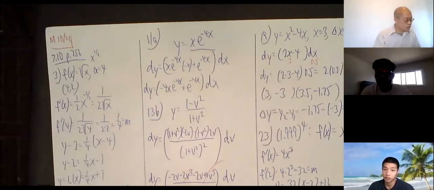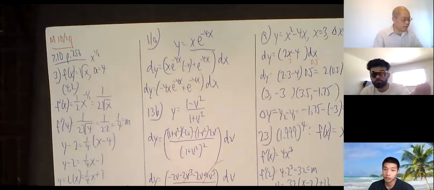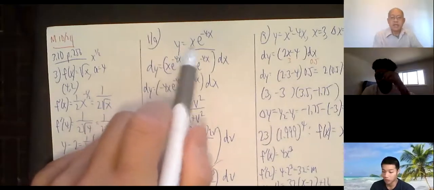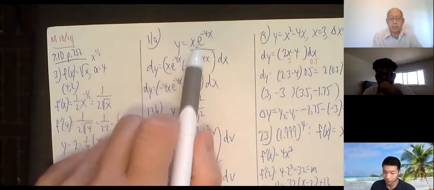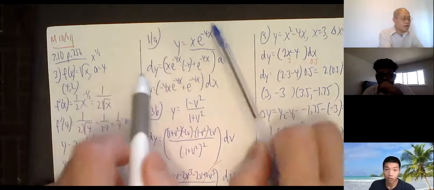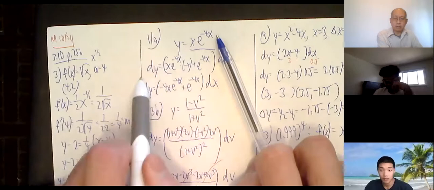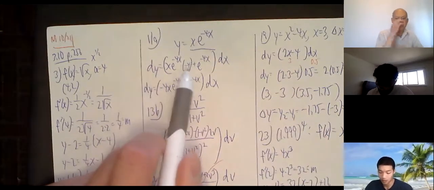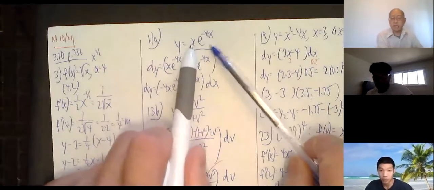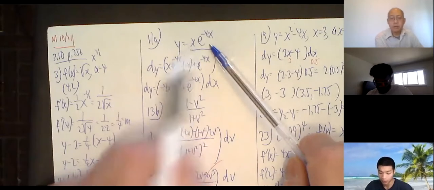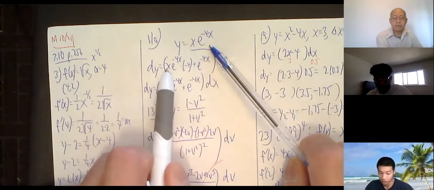Okay, 11a, y equals x e to the negative 4x. Ordinarily I would say dy/dx equals blah, blah, blah. Well, just multiply both sides by dx, and you have this. This looks like a product rule. First, x times the derivative of the second.